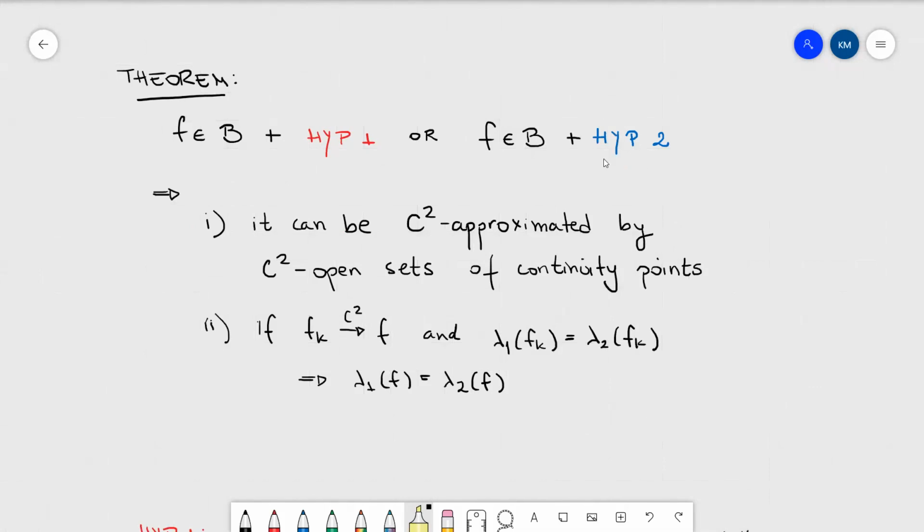So here, what I'm saying is I have a map with all these properties. I have dynamical coherence. I have an SU loop that is hyperbolic, and then I'm able to approximate it by an open set of continuity points, and I'm able to guarantee that Bochi-Mañé does not happen in this case.